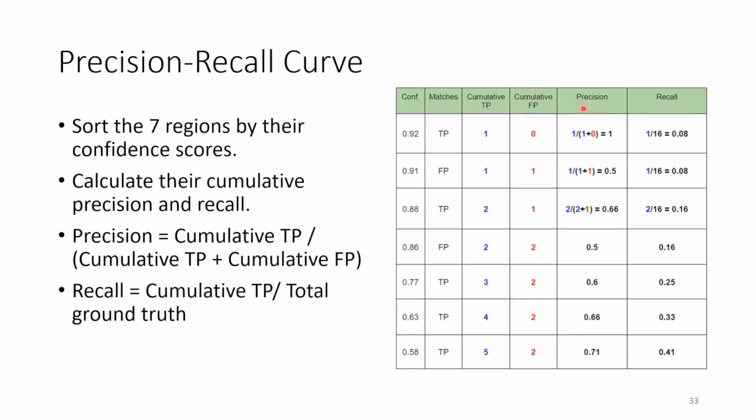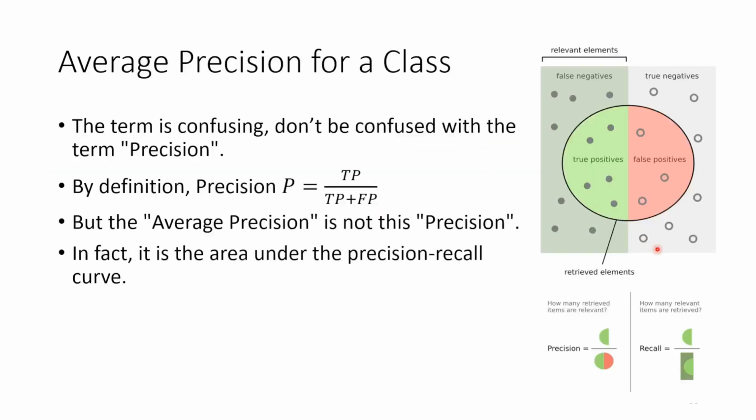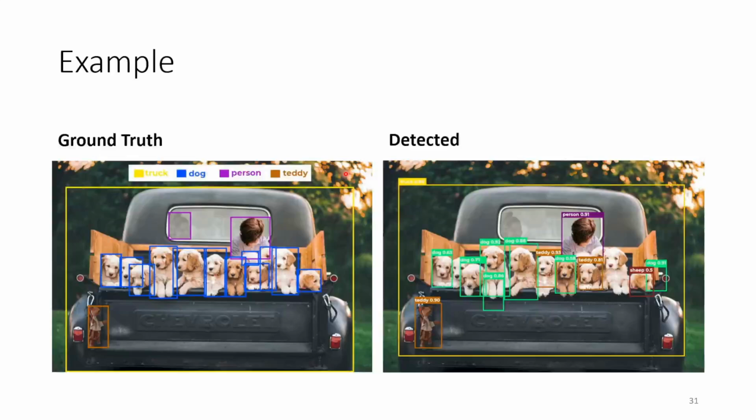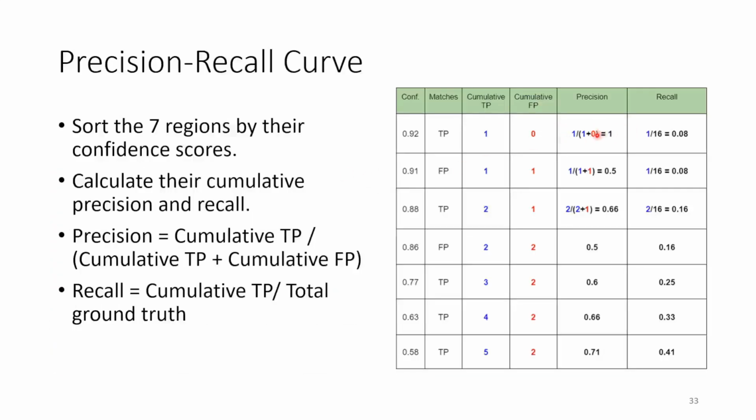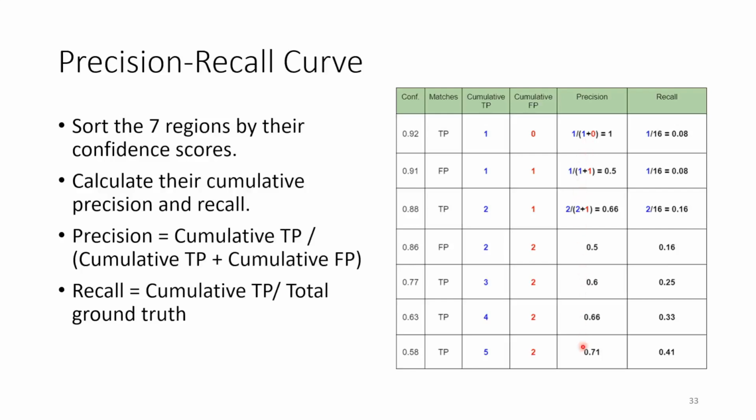Here the precision follows the same definition: true positive divided by true positive plus false positive. So this is 1 divided by 1 plus 0, which is 1. At the second row, you have 1 true positive and 1 false positive, so the precision is 1 divided by 1 plus 1, which is 0.5. Then you can fill in all of the cells in this column.